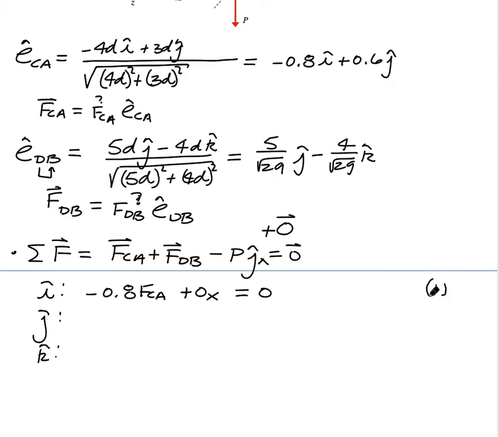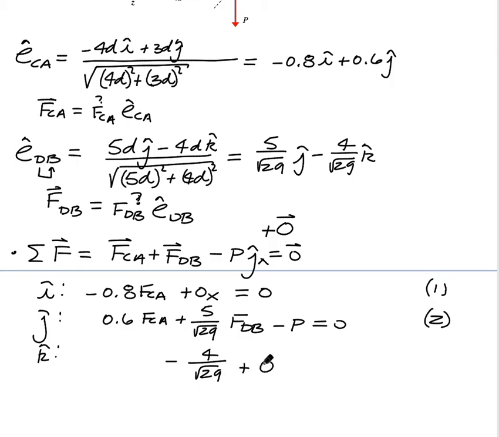In the y direction, I'm going to have a 0.6 FCA plus 5 over square root of 29 of FDB, yes, FDB minus P is a 0. And lastly, we have 4 over square root of 29 with a minus sign times FDB plus OZ, and that is equal to 0. That's my equation 3.